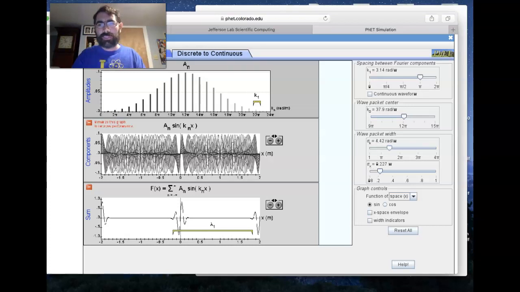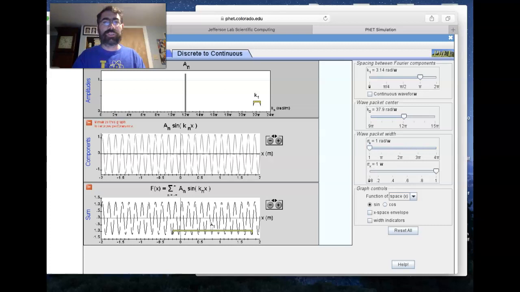If I now select a very specific wave, just one single wave, I have one wave right here, and you notice now that I get basically this single wave, and when I have only one wave, the contribution is one wave. So my particle now is spread out over a large distance x.